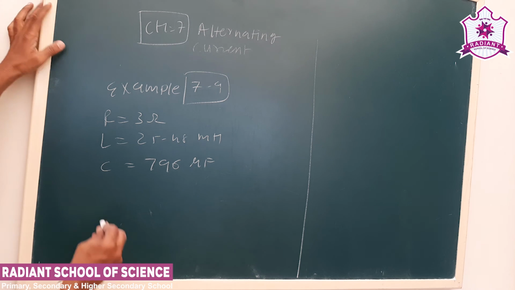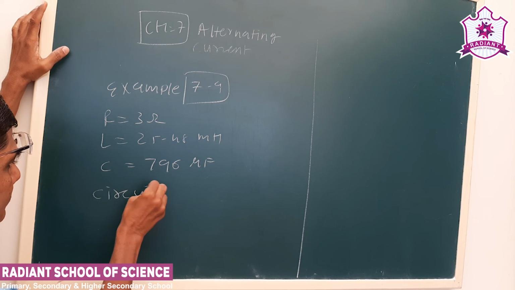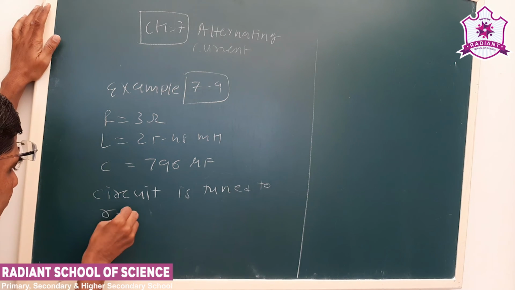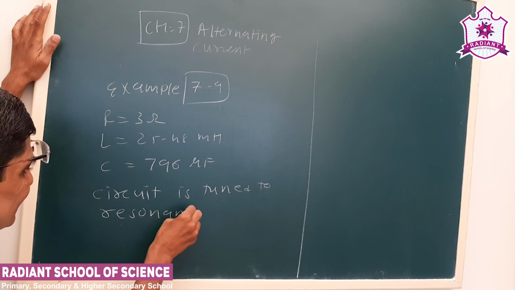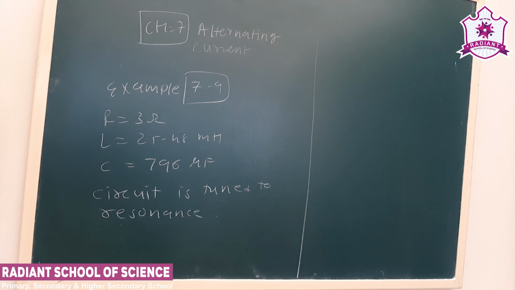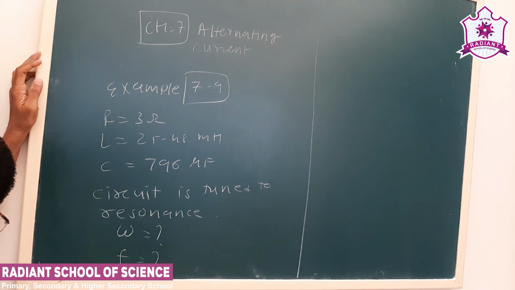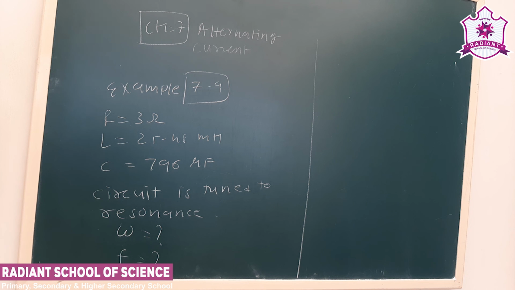The circuit is tuned, so we have to calculate for what angular frequency resonance will be achieved, or the frequency. And secondly, the current and the power in the condition of resonance.